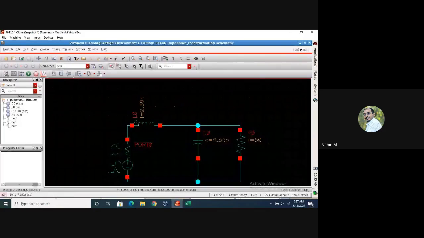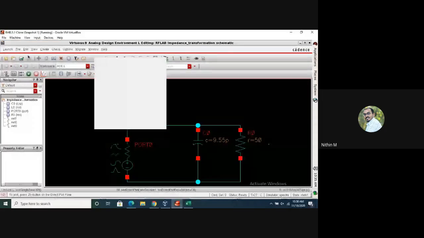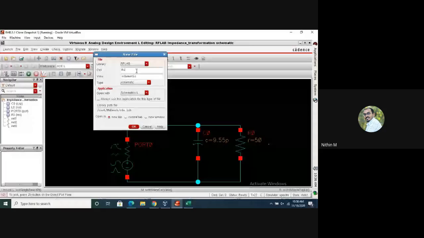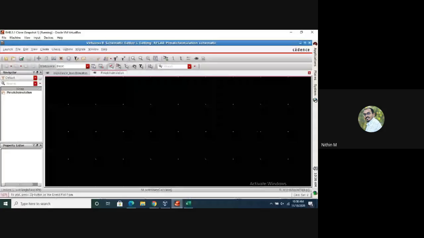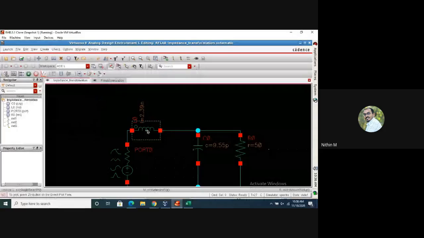Now let me quickly do the other one, which is the pi match. In the pi match, we have almost the same components, with only differences.